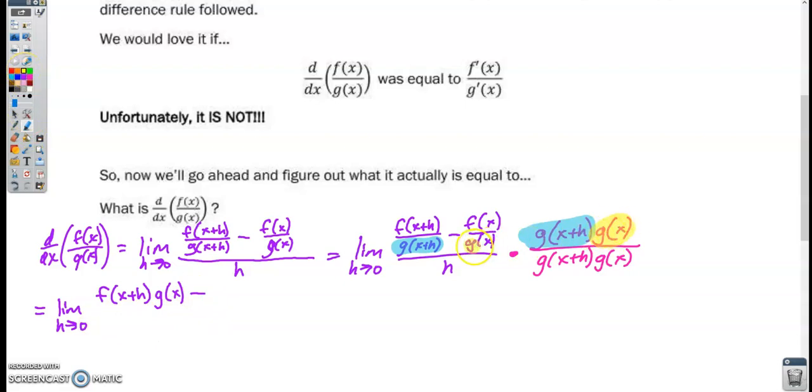The g of x cancels out with this g of x, and so we're just multiplying the f of x by the g of x plus h, and so that becomes minus f of x times the quantity g of x plus h. And we've got all of that over h times g of x plus h times g of x. Okay, so we're making some progress.